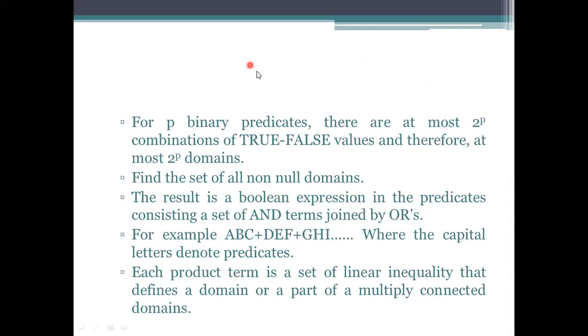Because we have such representations here: two binary predicates, true, false, true, false. So the combinations are 4, 2 to the power of 2. The result we are representing for these Boolean expressions has to consist of what we are using for processing, whether it is AND or OR.